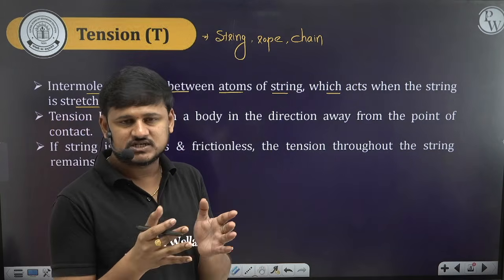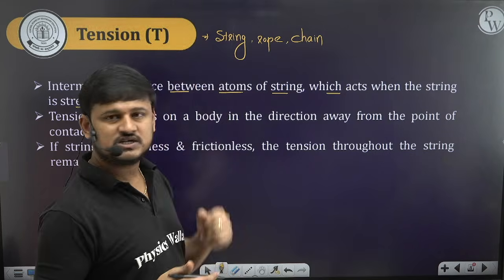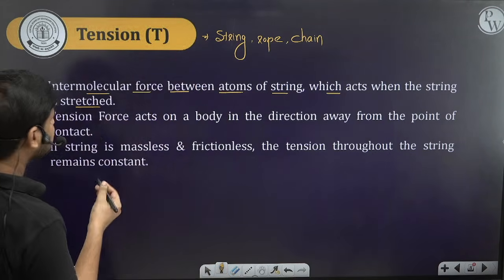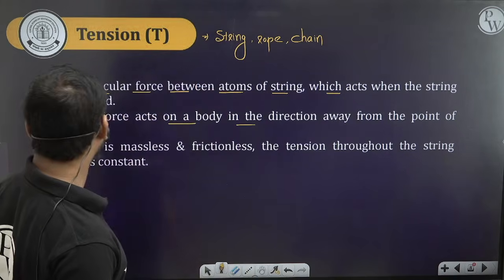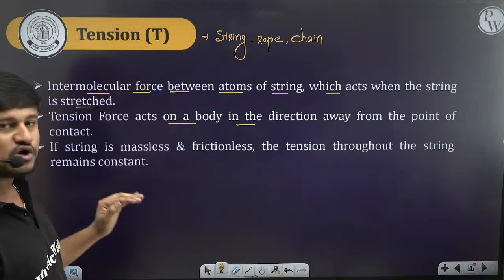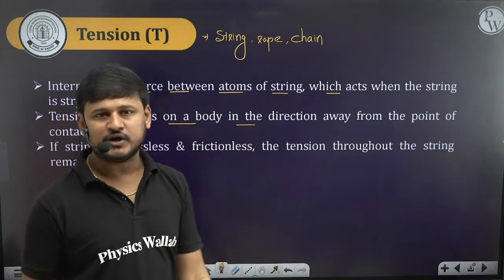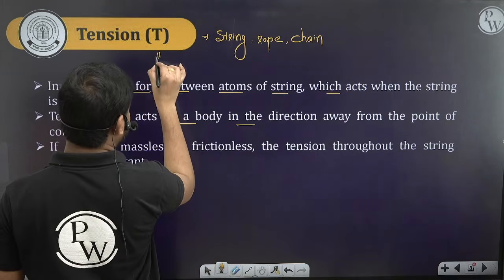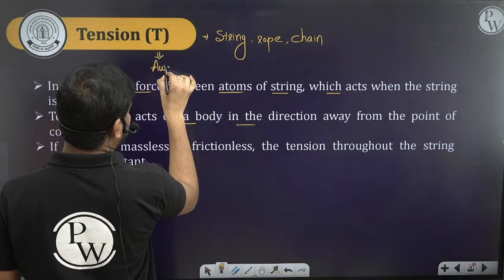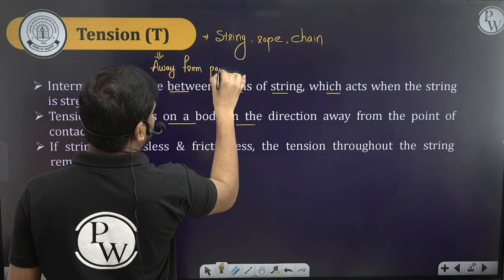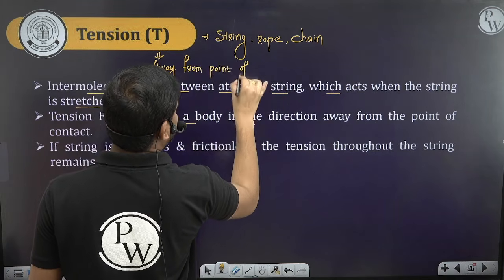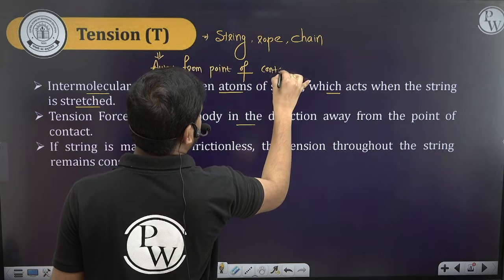The tension force acts on a body in the direction away from the point of contact. The key point is it always acts away from the point of contact.